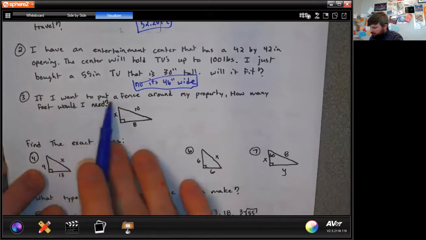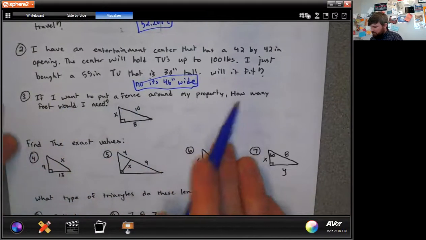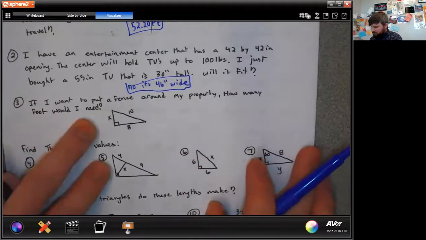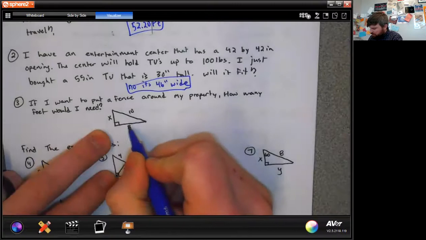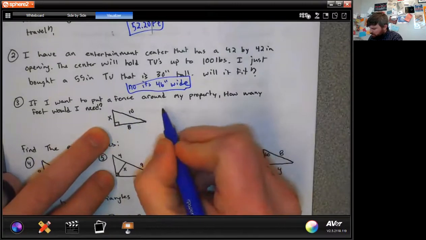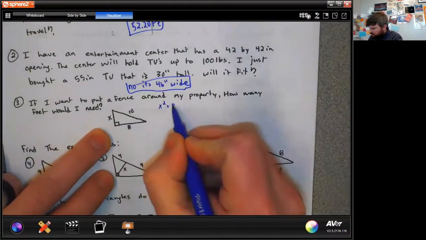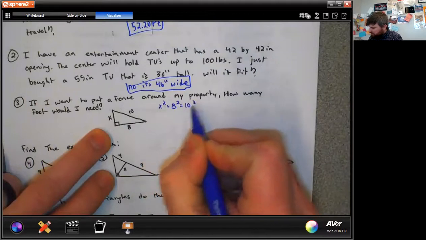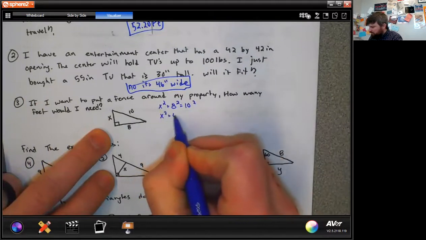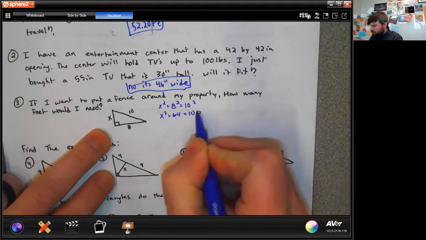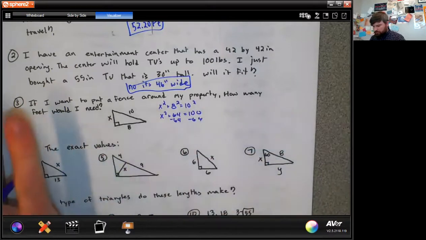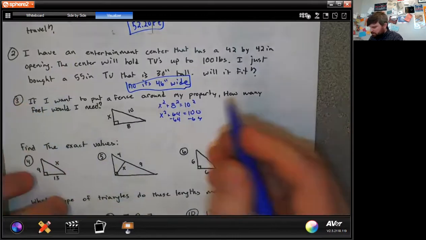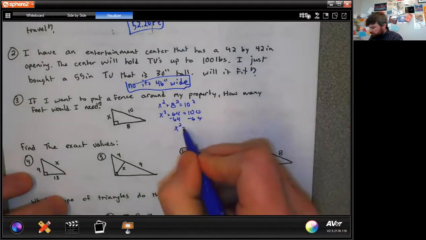If I want to put a fence around my property, how many feet would I need? We need to find the perimeter of this thing. I have this and this, I need this. So x squared plus 8 squared equals 10 squared. X squared plus 64 equals 100. Subtract 64 and you get 36.